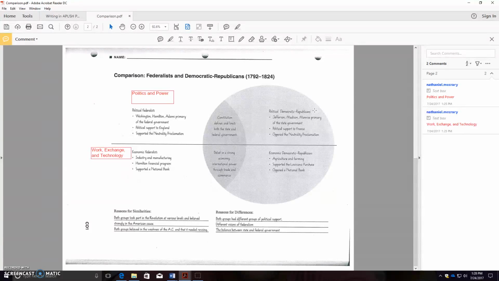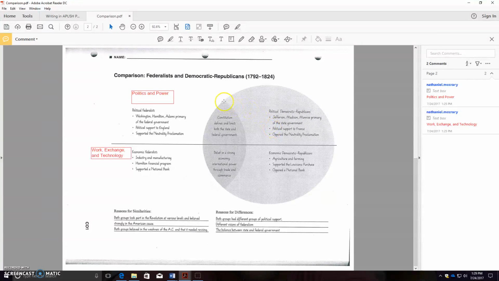And so, mirroring off of the Federalists, the Democratic Republicans wanted to support France in their fight against Great Britain. And so they opposed the Neutrality Proclamation and wanted to get involved in fighting. Or not necessarily fighting, but at least aiding the French.